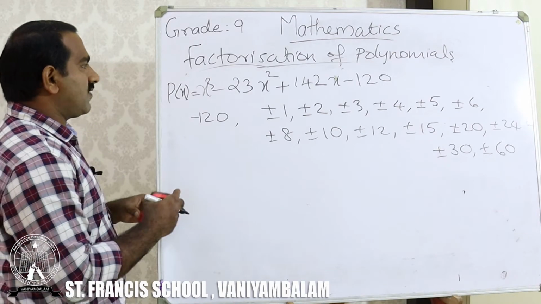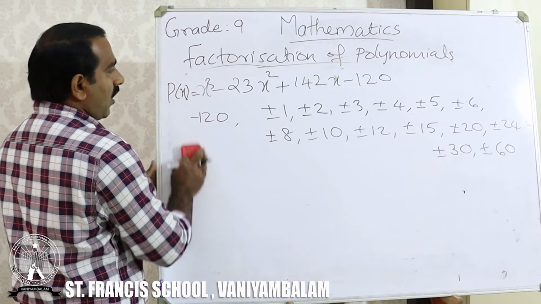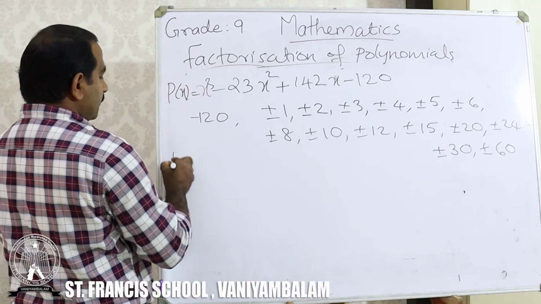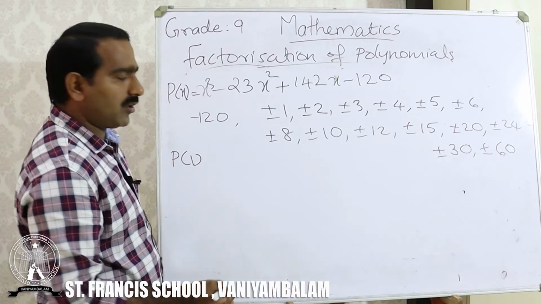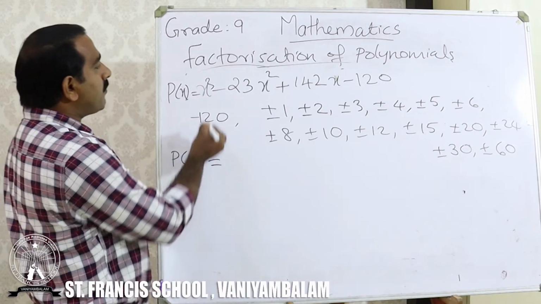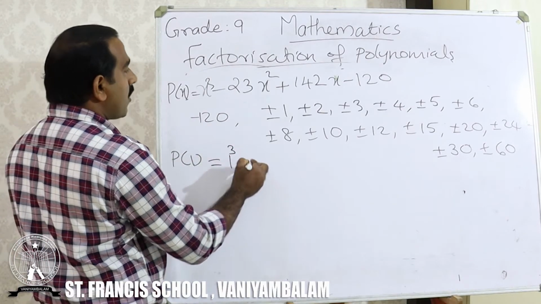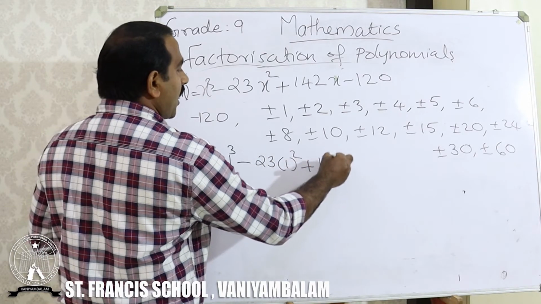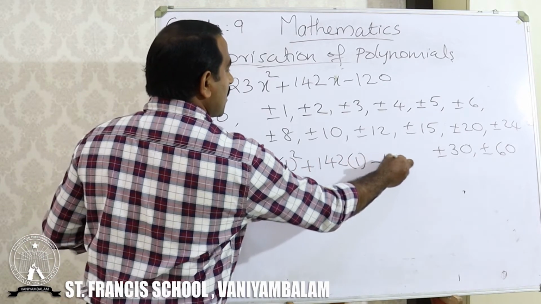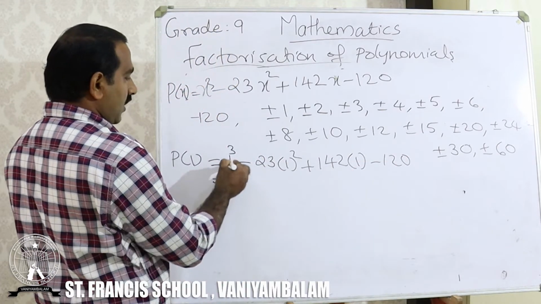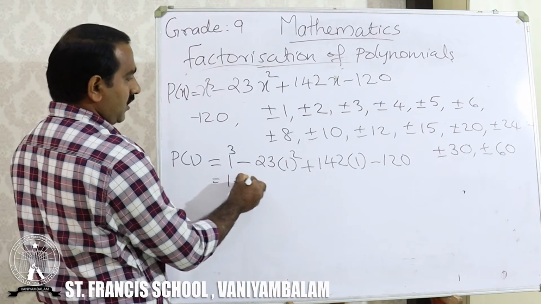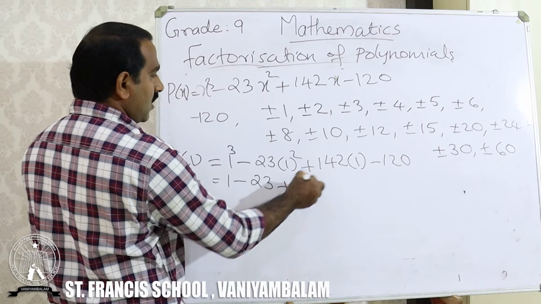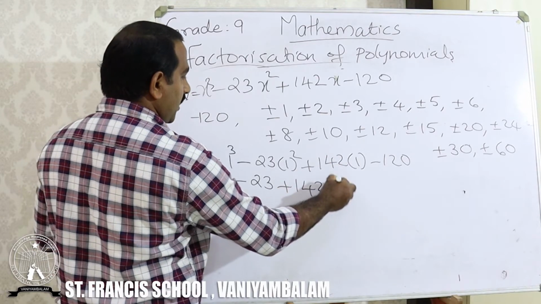Now, we are going to check by trial. What is P of 1? Put x equal to 1. P of 1 equals 1 cube minus 23 into 1 square plus 142 into 1 minus 120. 1 cube is 1, minus 1 square is 1, 23 times 1 is 23, plus 142, minus 1.